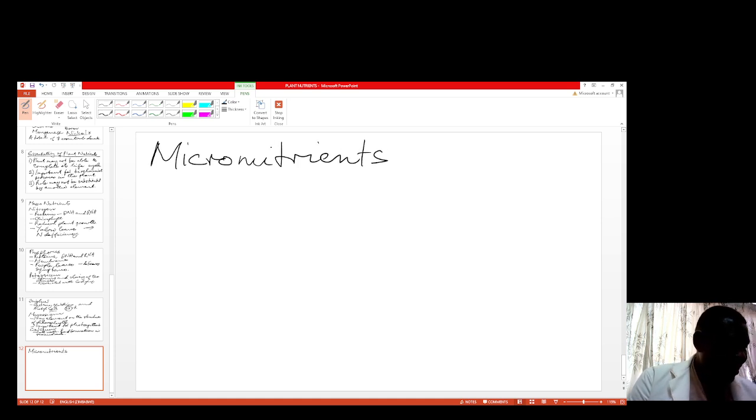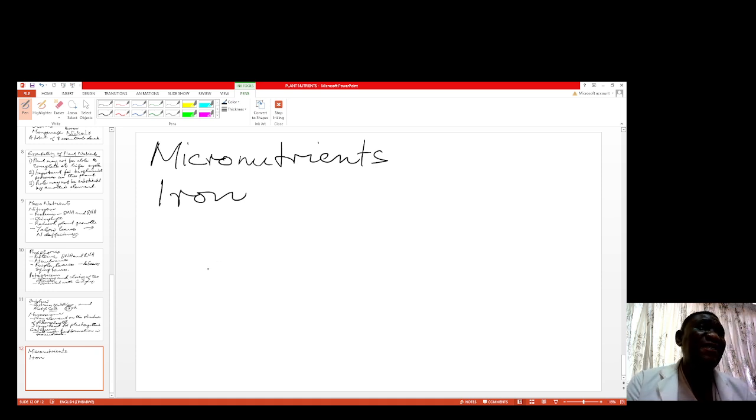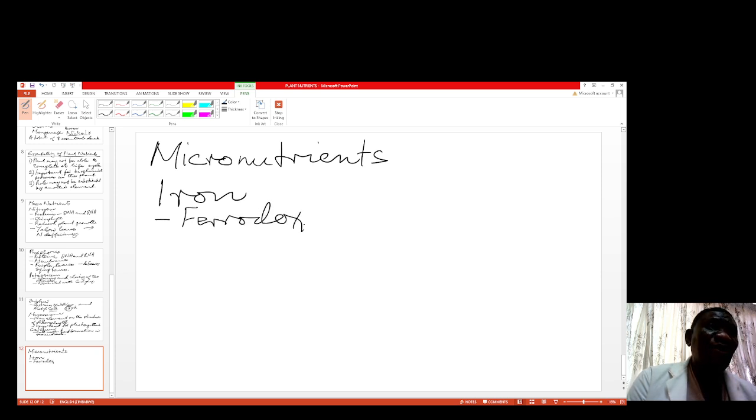Yeah, we'll start with the iron. Iron is required mainly for electron transport. We have this ferrodoxin, which contains iron. It's important for electron transport.